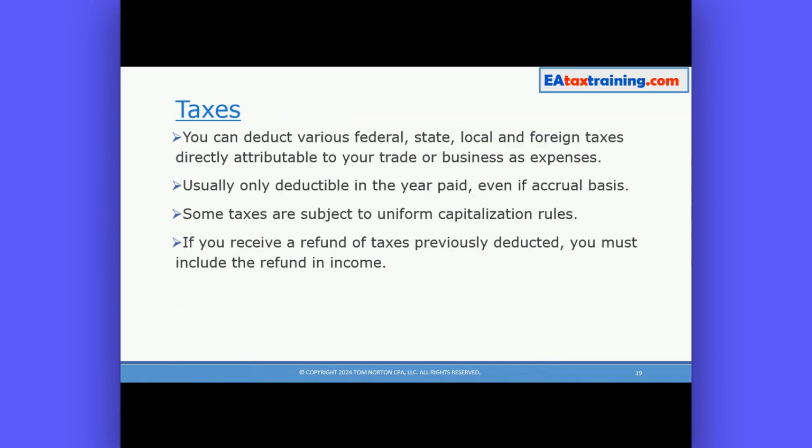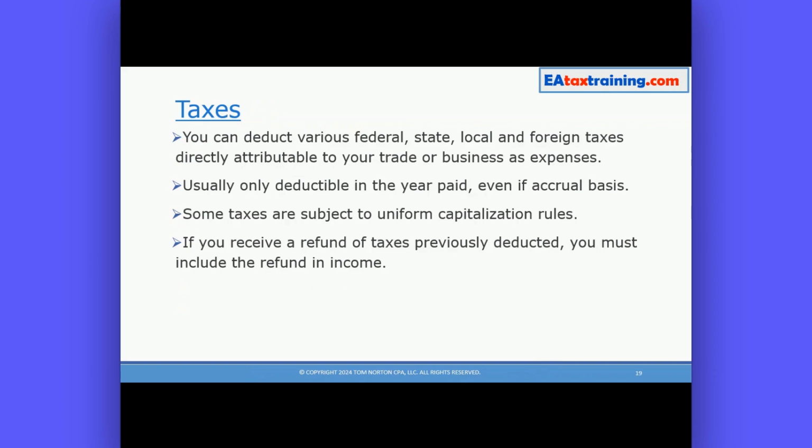Taxes. You can deduct various federal, state, and local and foreign taxes as long as they are directly attributable to your trade or business. They're only deductible in the year paid, even if you are on the accrual basis.